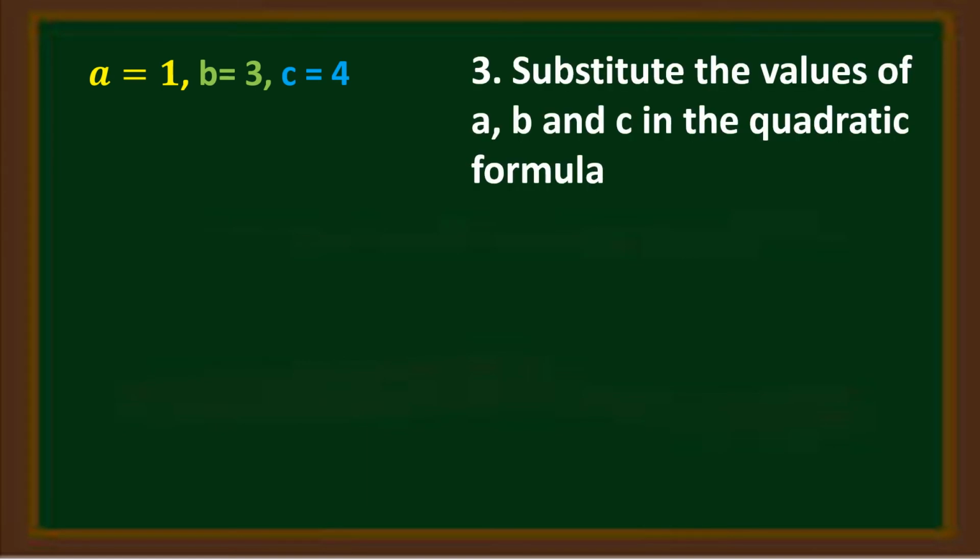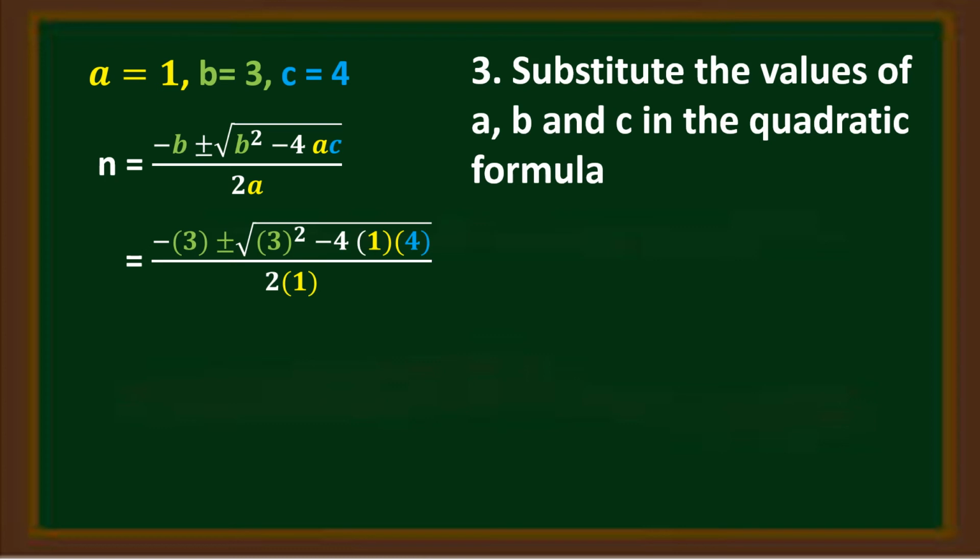After getting the values of a, b, and c, we'll be substituting these values in the quadratic formula. N is equal to negative b plus or minus the square root of b squared minus 4ac all over 2a. b is 3, a is 1, and c is 4.